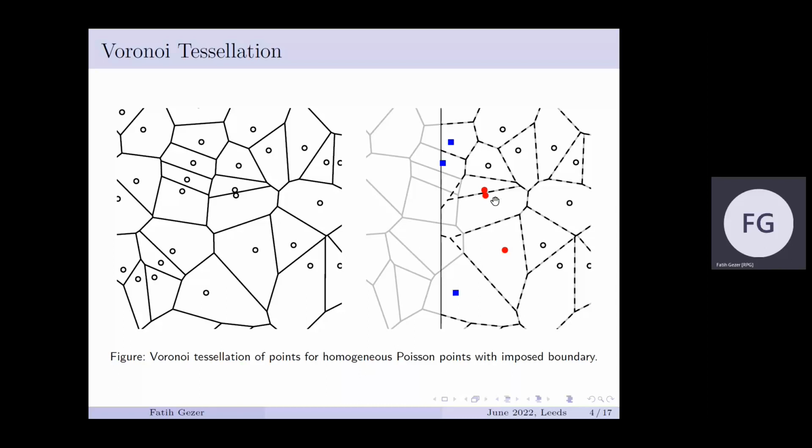But the red points don't intersect the boundary, but are still affected by the boundary. So in my study, I investigated how the boundaries are affecting the properties of these cells, such as the cell area, cell perimeter, or the number of cell edges.